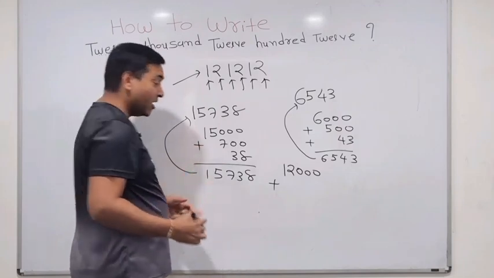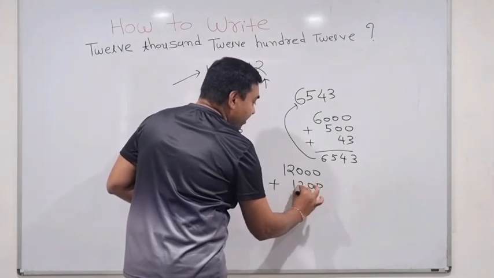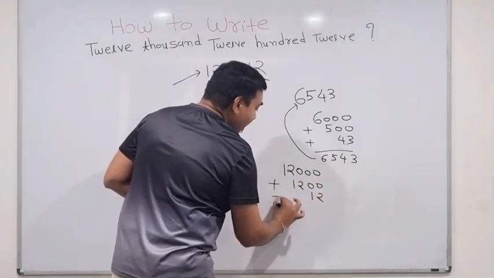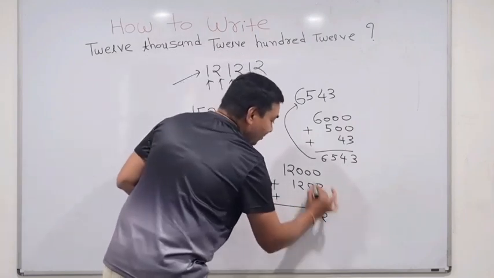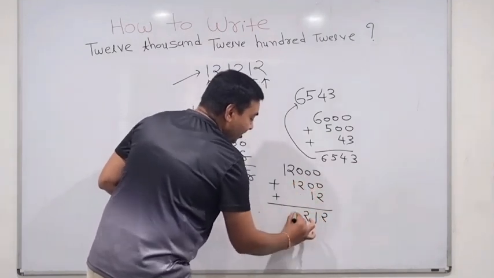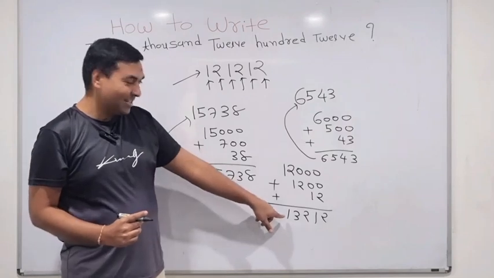So 1,200. So I'm going to put down 2 zeros here and then 12 here. And then 12. So that I can put down here. And if I add them up, guys, what am I getting? This is 2. This is 1. This is 2, and 2 plus 1 is 3, and this is 1. Oh, what? Have a look, guys.